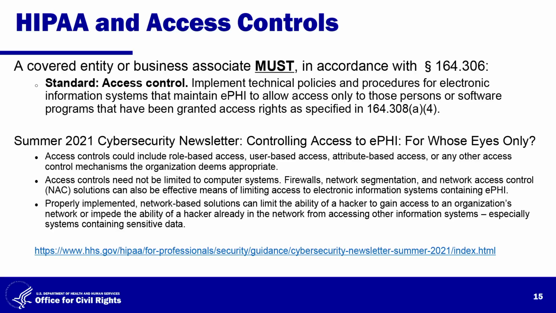Properly implemented, network-based solutions can limit the ability of an attacker to gain access to a regulated entity's network or impede the ability of an attacker already in the network from accessing other information systems, including systems containing ePHI.